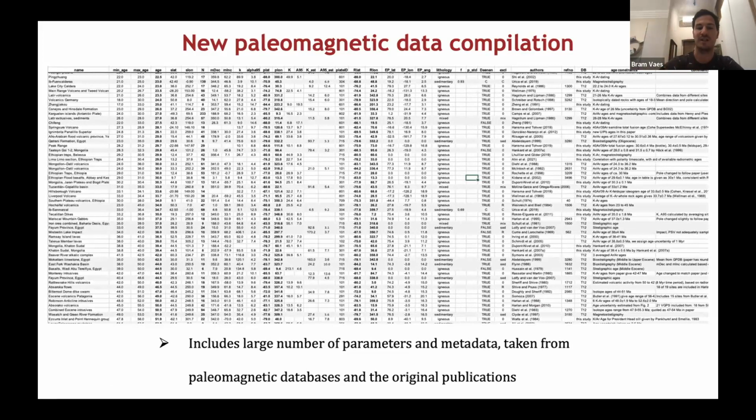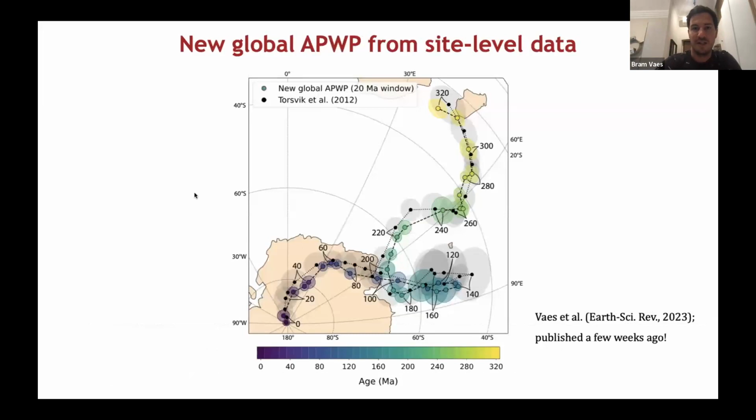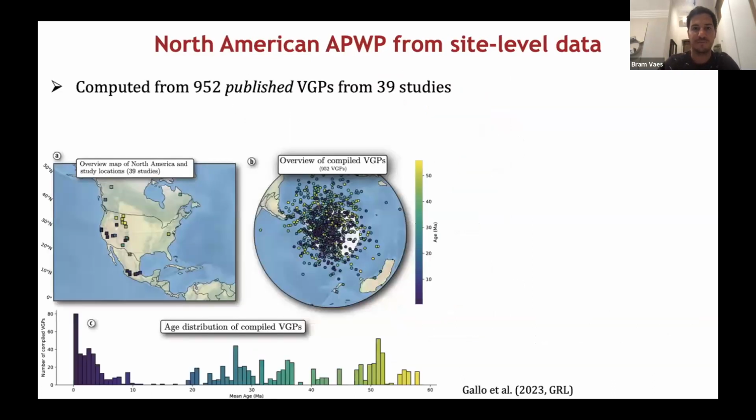So this is already quite a step forward in reusing data and documenting what was actually provided by the original authors and what was explained in the papers. Right, and here you see this new apparent polar wander path. I will not go into the details, but it's nice to note that our paper was published only a few weeks ago with this new global database.